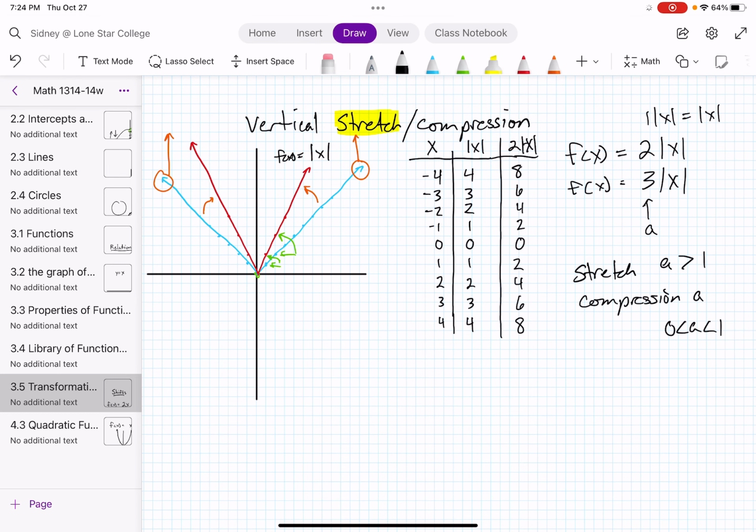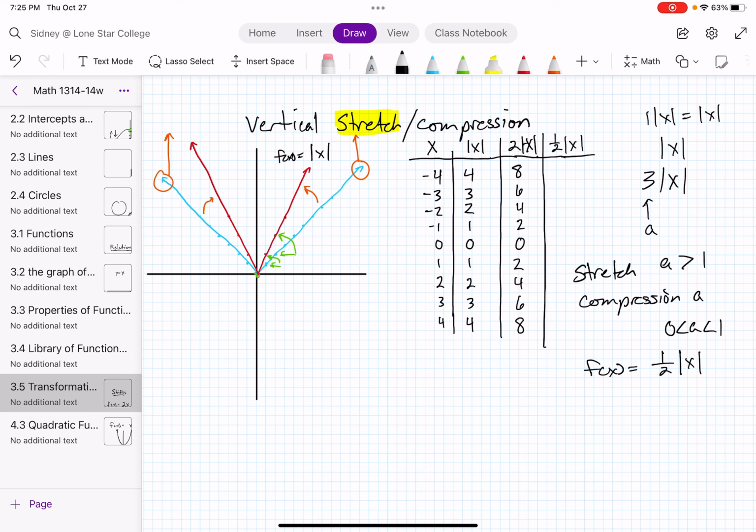So we're using kind of a set builder notation there, between 0 and 1, as in fractional values. So if I were to write f of x equals 1/2 the absolute value of x, what that means is that all of my outputs are now 1/2 the size they originally were.